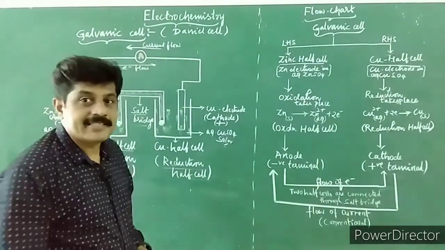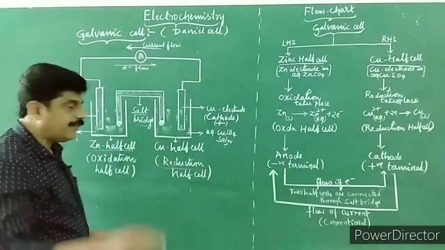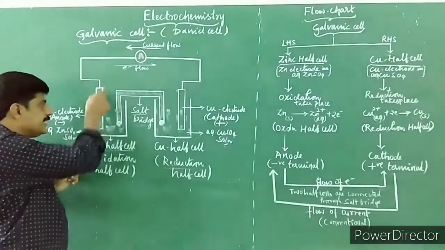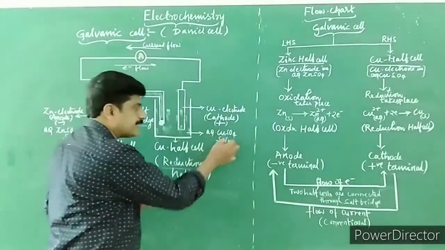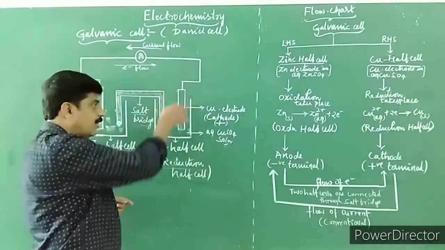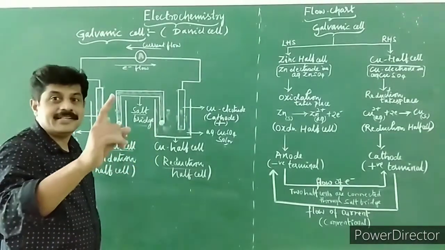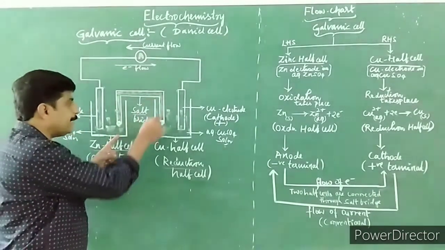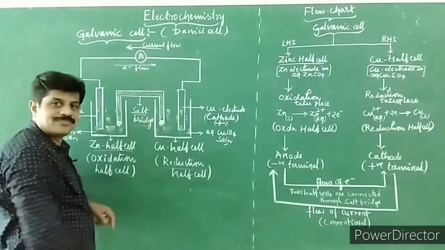Children, Daniell cell consists of 2 containers. In one of the containers, aqueous zinc sulfate solution is taken and a zinc rod is placed in it. In another container, aqueous copper sulfate solution is taken and a copper rod is dipped in it. The 2 containers containing different electrolytic solutions are now connected internally by means of a U-shaped glass tube which is called a salt bridge.